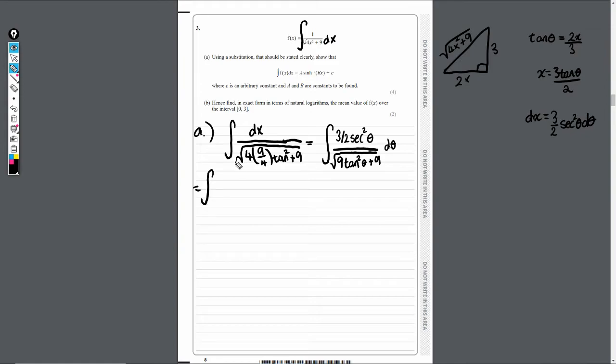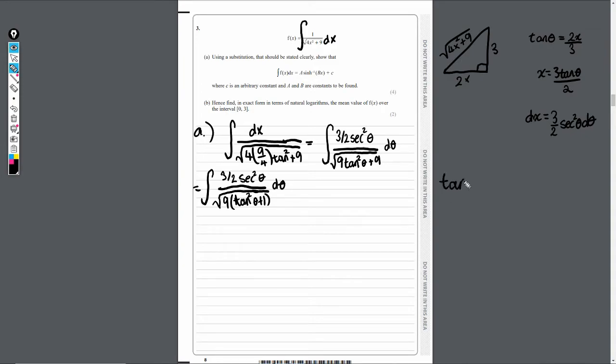that's actually going to give me, so keep the numerator the same, 3 over 2 sec squared theta. My denominator now, well that's going to be the square root of 9 lots of tan squared theta plus 1. Okay, and this should look pretty good now, right? And hopefully it's jumping out at you why this is good. And the reason for that is because we can use our A-level maths trig identities.